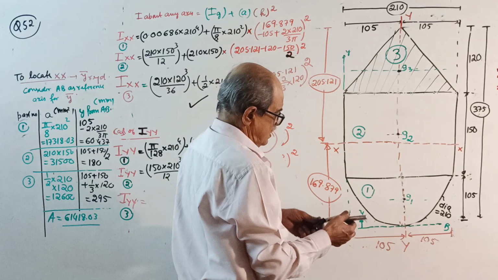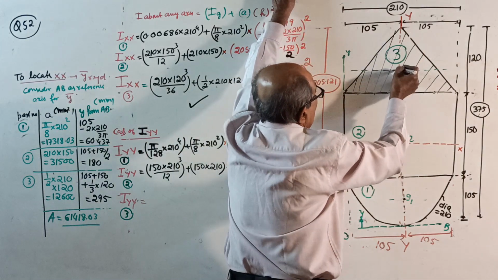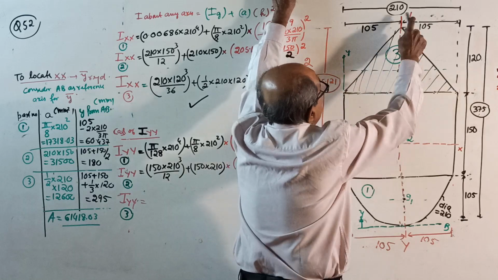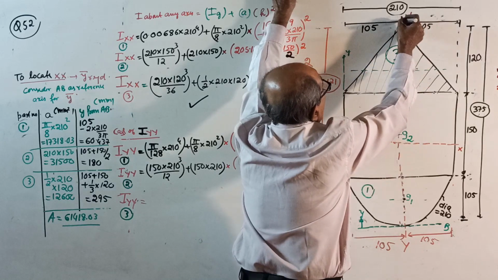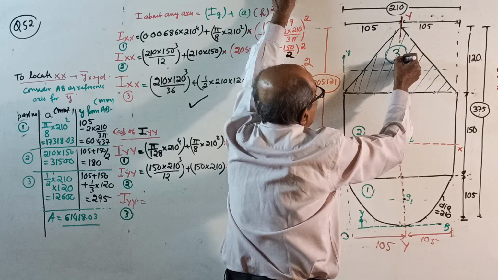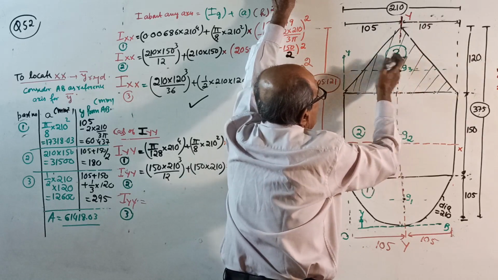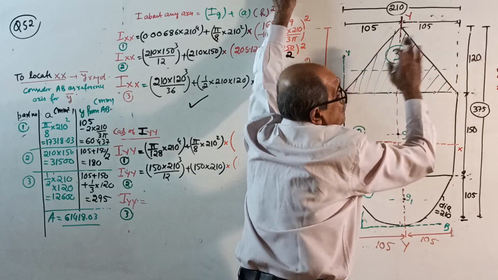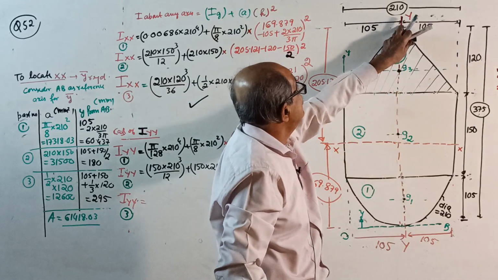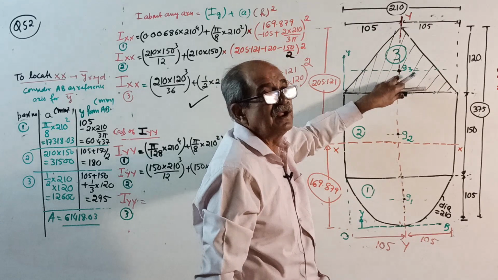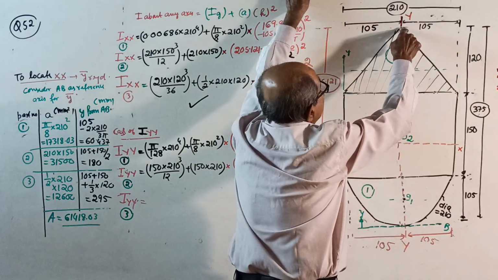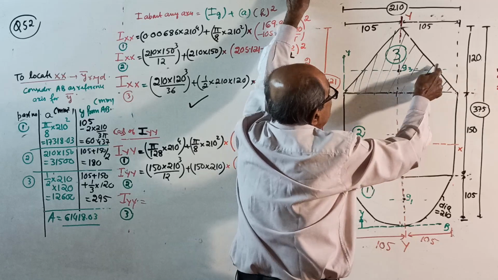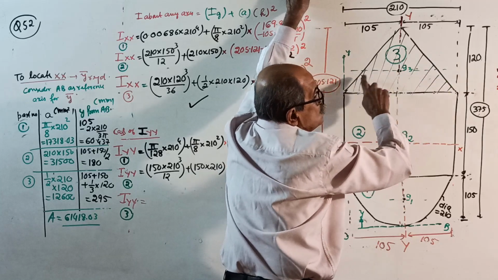Moment of inertia about axis passing through centroid parallel to YY is this axis only. But remember, this axis actually divides this total triangle into two parts.